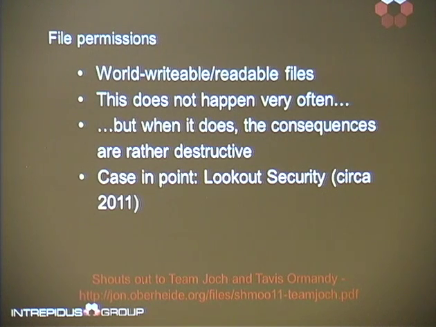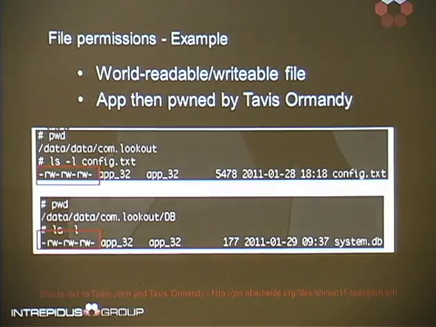So I wanted to bring in an example of Lookout Security, an Android security product, a vulnerability in which was discovered by Team Joxo, John Oberheide and Zach Lanier, as well as Tavis Ormandy, who independently discovered the vulnerability as well. The vulnerability was that the application placed its system database and a configuration file inside its app directory, but made them world readable and writable.